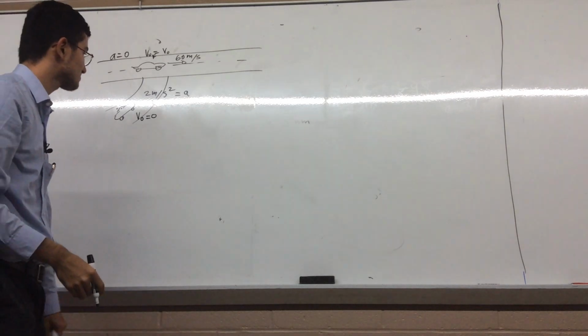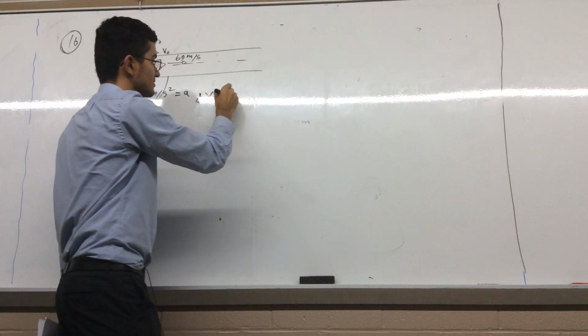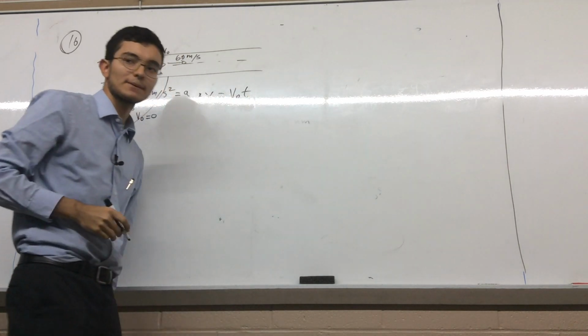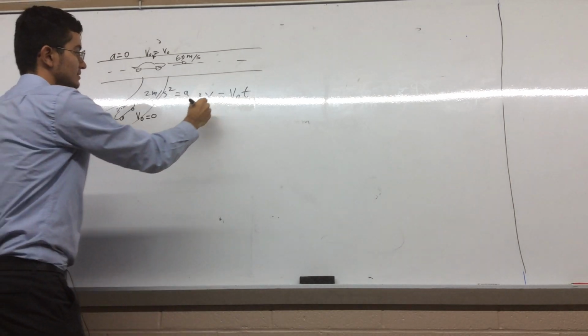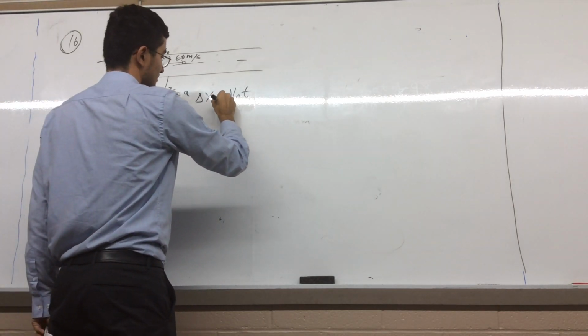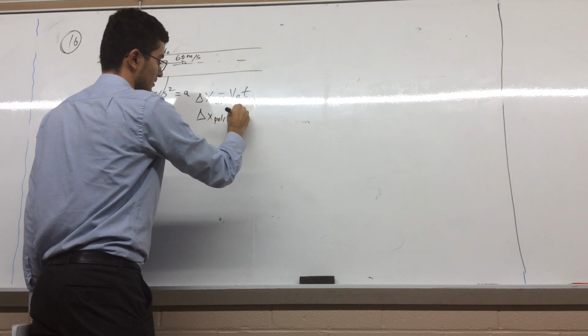Now, of course, we can use the second kinematics equation. Delta x is equal to v0 times t. We want to find the time in seconds when they catch up. Let's call this delta x car, and let's call this delta x police equals v0 t.